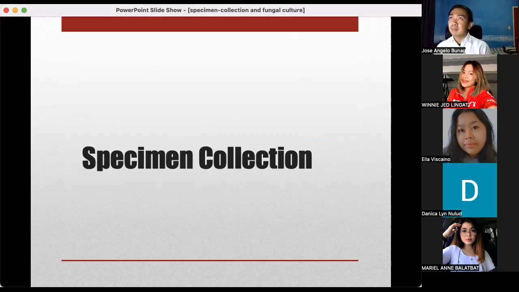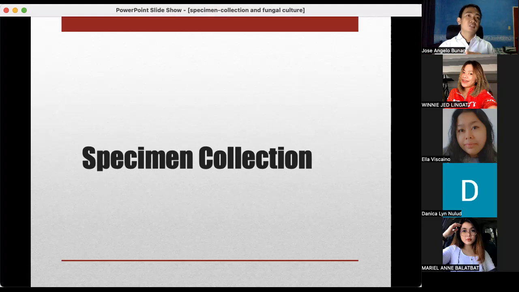So sa lecture po natin, di ba, after the introduction to your mycology, the first topic would be your superficial mycosis or yung mga infection that somehow harbors our skin, our nails, saka ang ating mga hair. So very essential ang collection of appropriate specimen for the accurate diagnosis of mycotic infection.